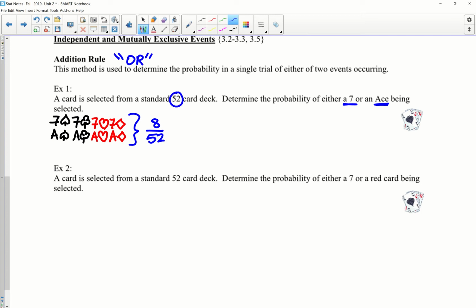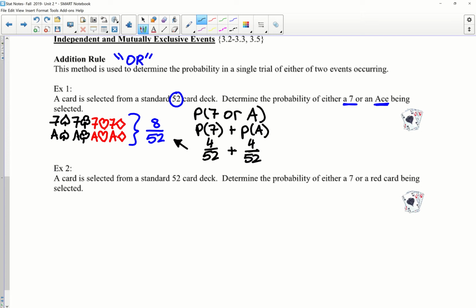Now I could also say, if I know individually the probability of getting a 7, using similar notation, the probability of a 7 or an ace would be the probability of getting a 7 plus the probability of getting an ace. Each one of them is going to be 4 over 52. Add them together, and you get your 8 out of 52 that way.